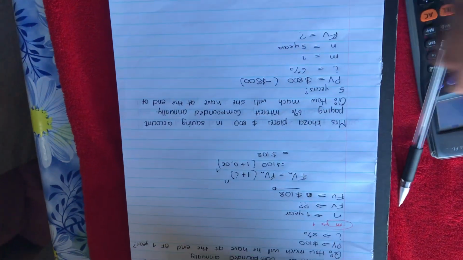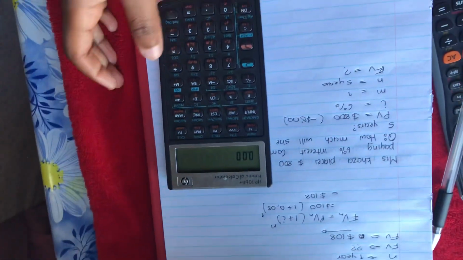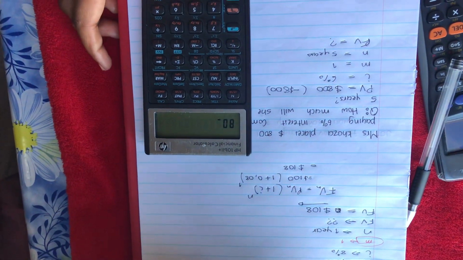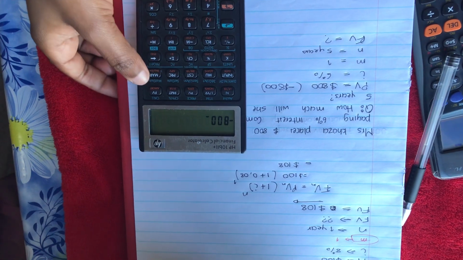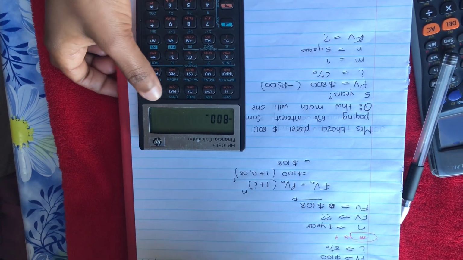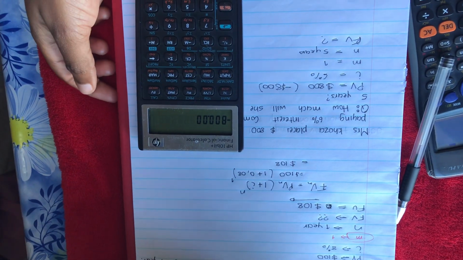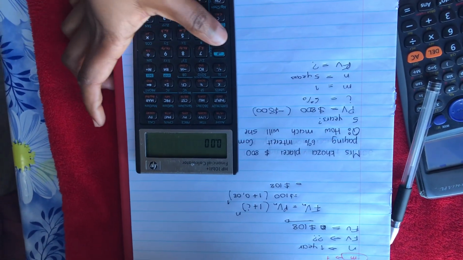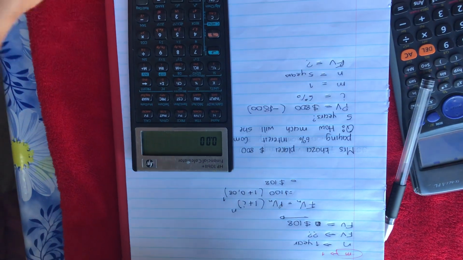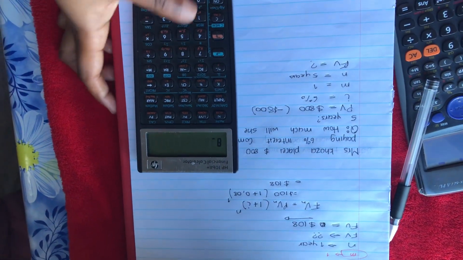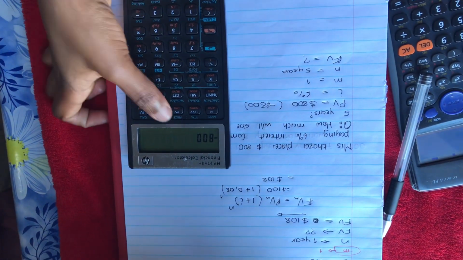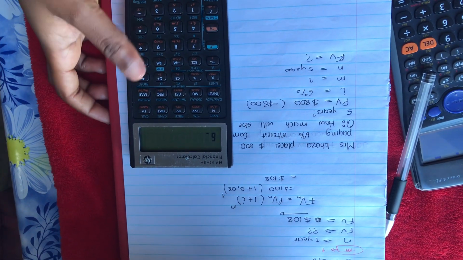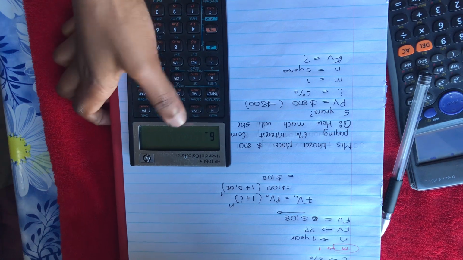So using our financial calculator again, we are going to say 800, which is minus, this PV. Let's just say clear all first. Clear all, don't forget to say clear all just like I did. Then you say your 800, you put a minus on it, and then you press your PV, and then you move to 6%, which is your interest rate.